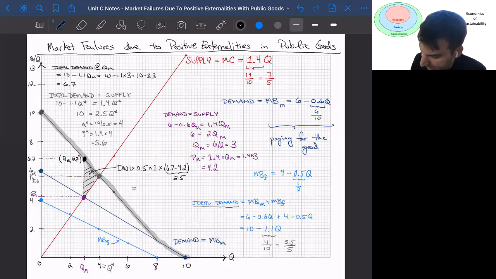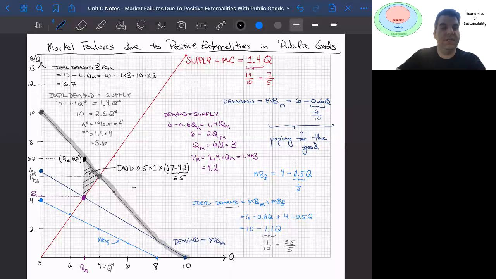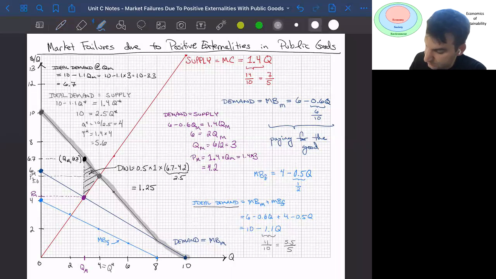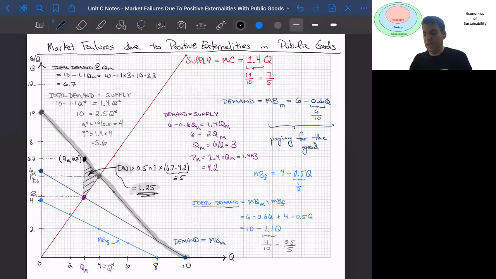So the deadweight loss is just 1/2 times 2.5, which is 1.25. So that there is our deadweight loss. That's the area of that triangle there.